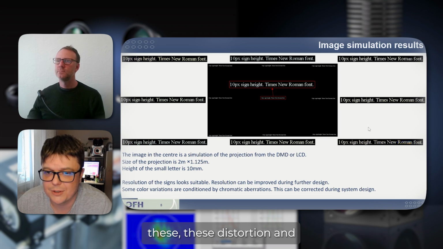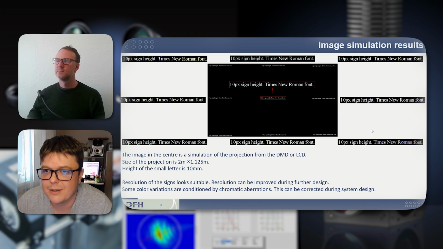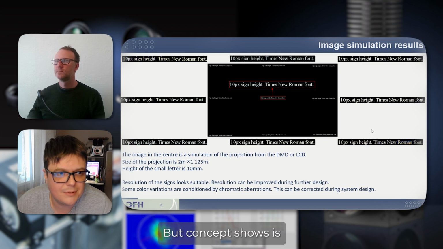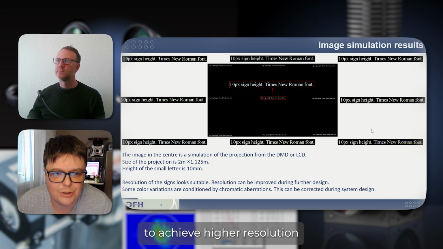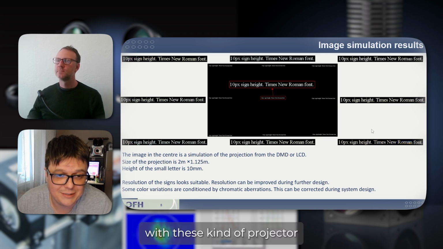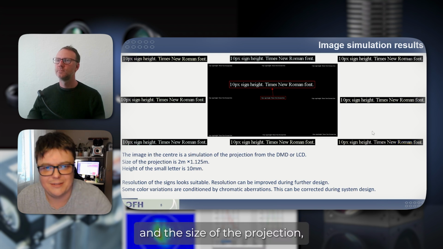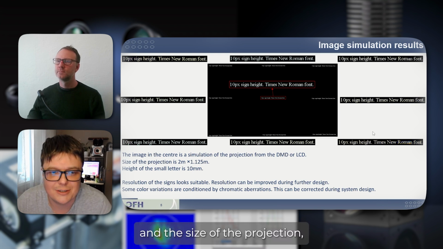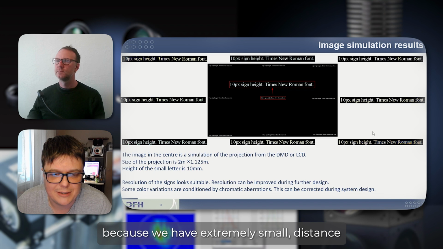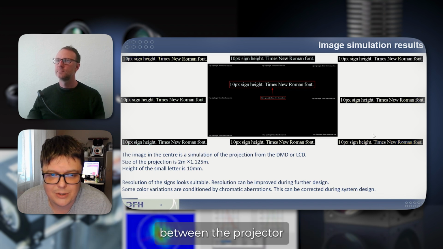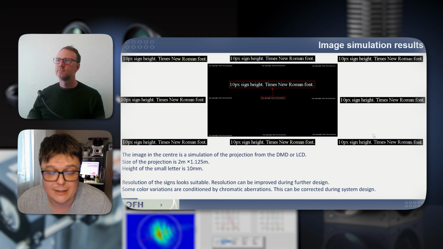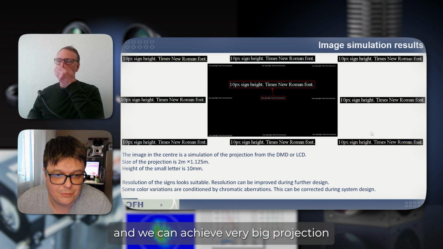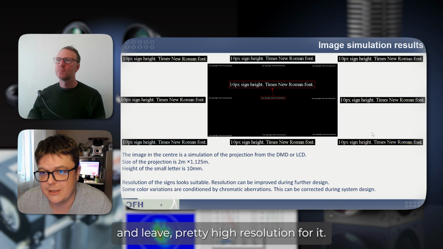This is distortion and chromatic aberrations, but the concept shows that it is a feasible task to achieve high resolution with this kind of projector and this size of projection, because we have an extremely small distance between the projector and the projection plane, and we can achieve a very big projection and still keep pretty high resolution.